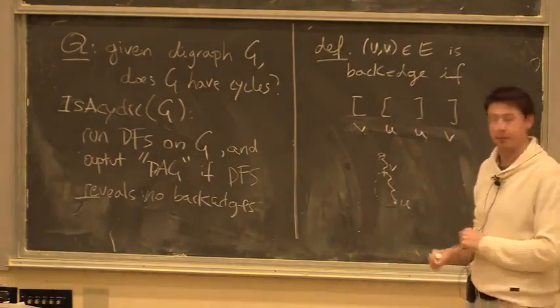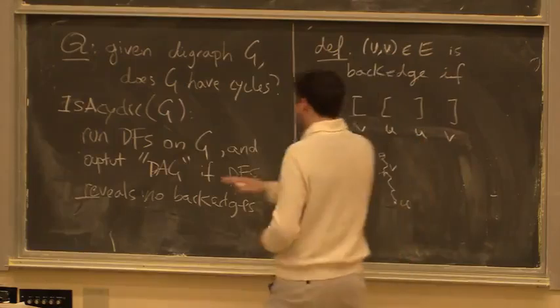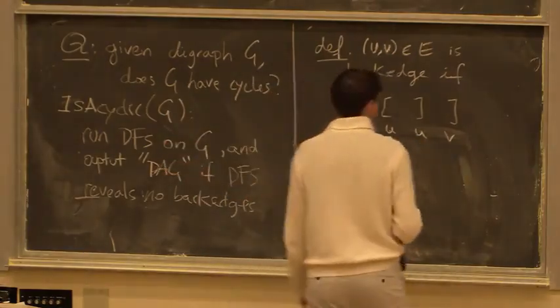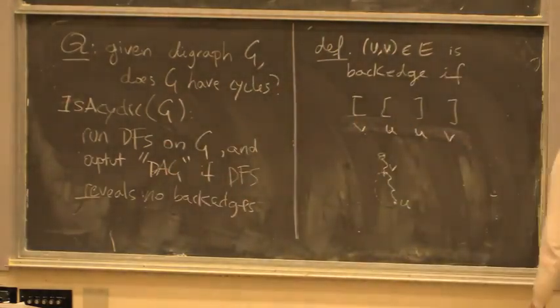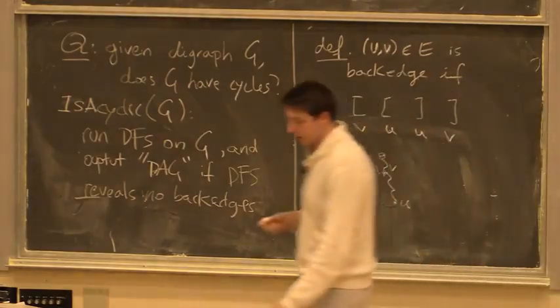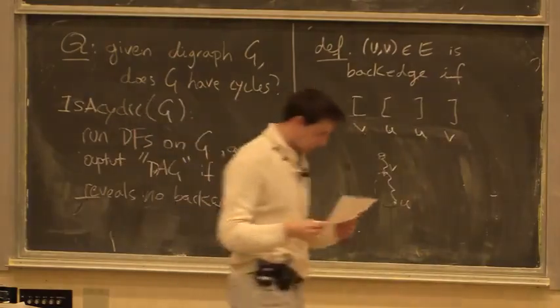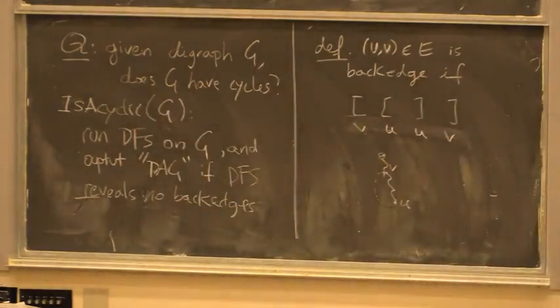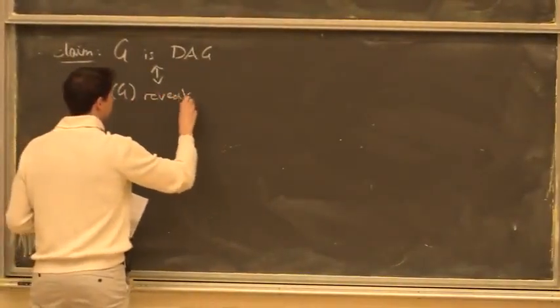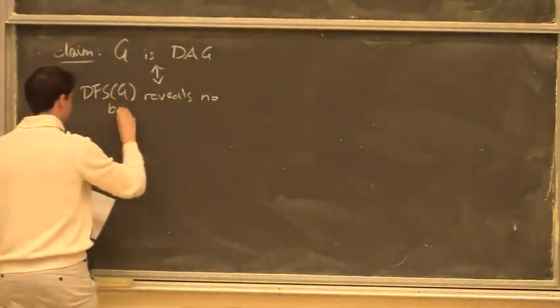All right. In particular, now we're going to prove that looking at back edges suffices. So, claim: G is a DAG if and only if DFS on G reveals no back edges.